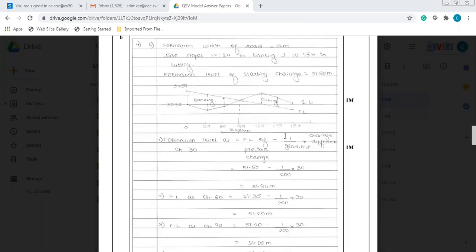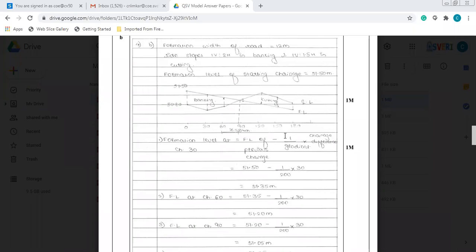Then FL of starting chainage is 51.50 meters, with a falling gradient of 1 in 200.